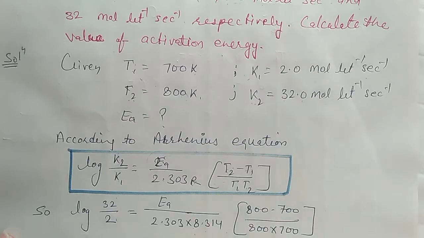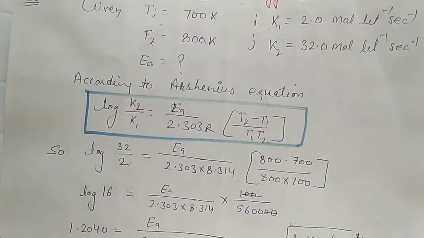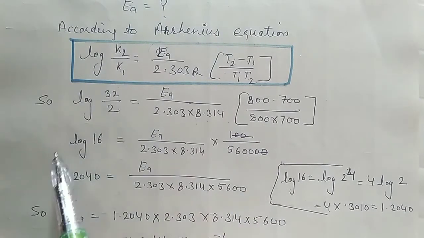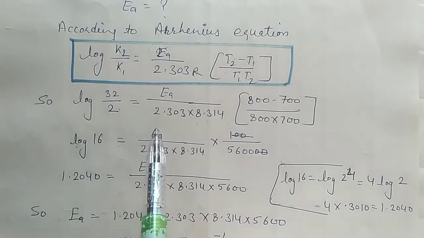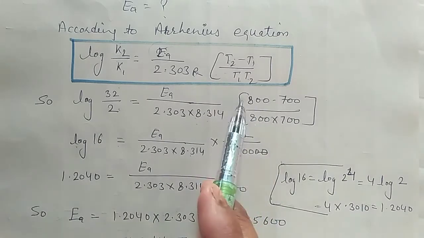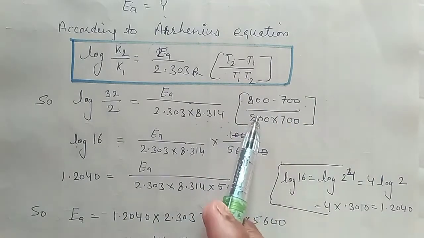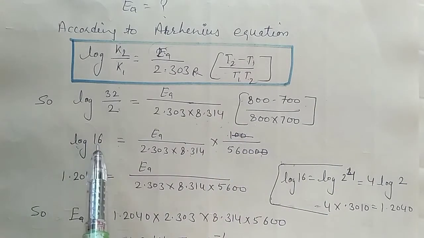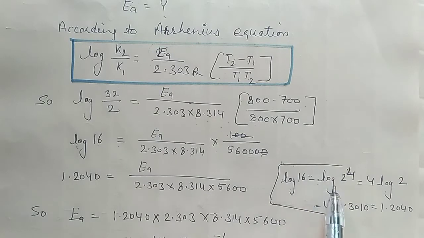When we solve this equation, we have log 16 is equal to EA upon 2.303 into 8.314 into 100. Okay, log 16 can be written as log 2 to the power 4.